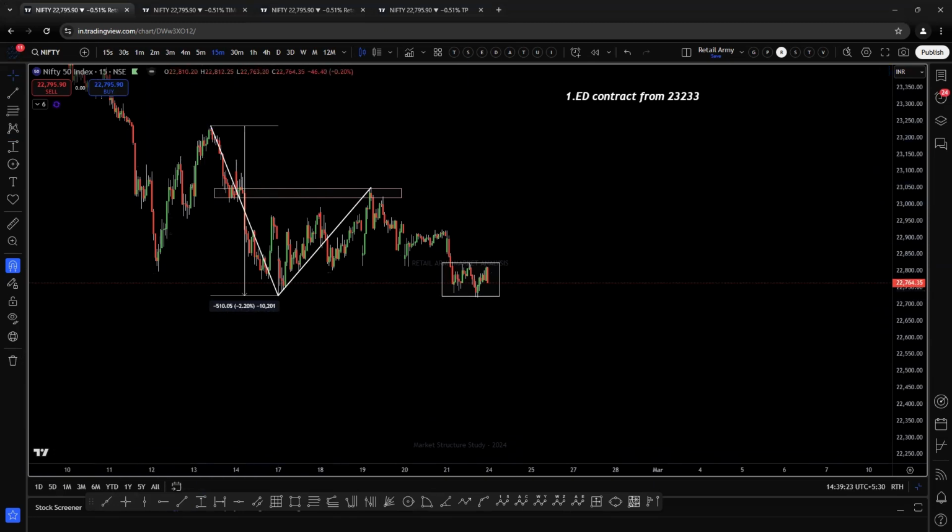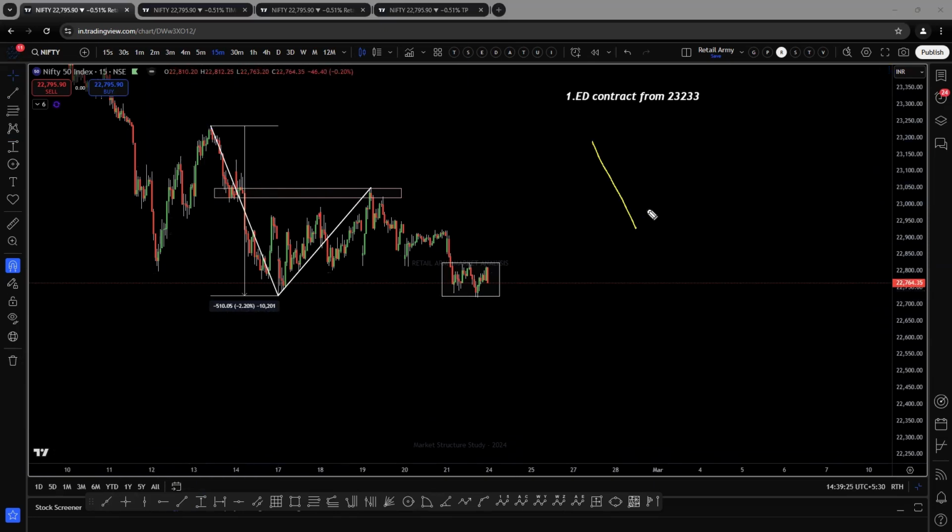Because what is the rule of an ED contracting? A, B, C, D, E. We are in a C leg. So C should be smaller than your A wave, right? It should be smaller than your A leg. Simple as that. This has to be smaller than 510 points.